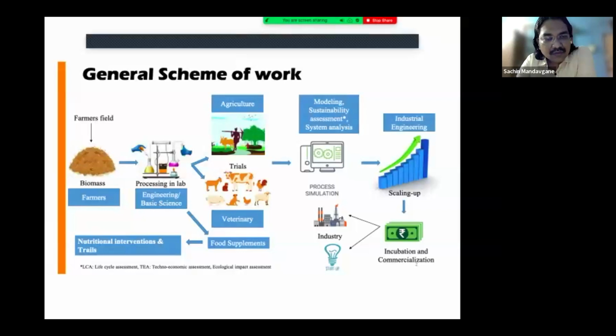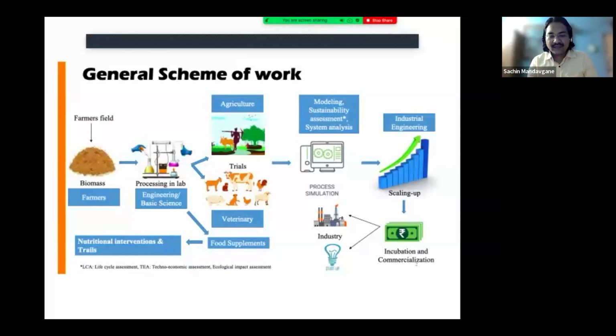The students who worked in the lab and were engaged in the trials at the veterinary and agricultural fields go to industry, sit with industry people, and do the actual scale-up design. In some cases, a couple of students who have an enterprising attitude get themselves incubated and have their own startup. So this is how the flow goes.